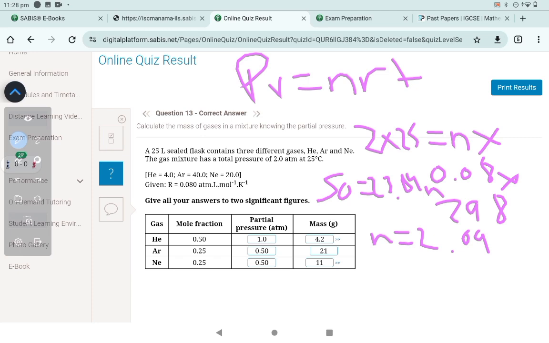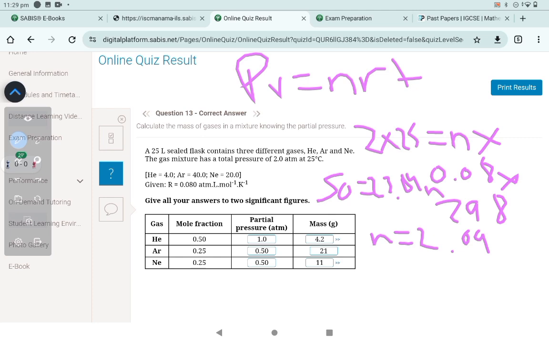Next one is 0.25. It's a quarter of the whole thing. So it's 0.25 multiplied by 2.1. We get 0.525. Round that out, we get 0.5. Again 0.5. And now we just have to multiply the moles by the molar mass to find the mass.